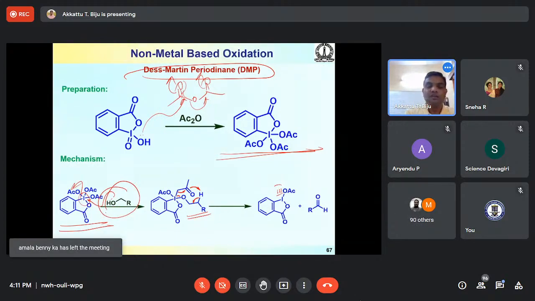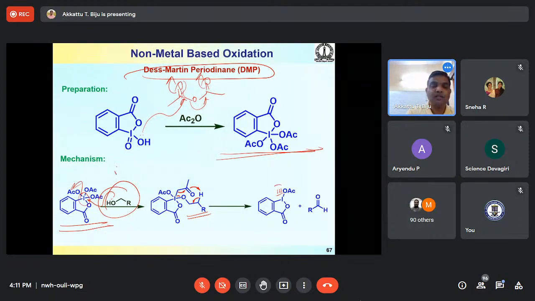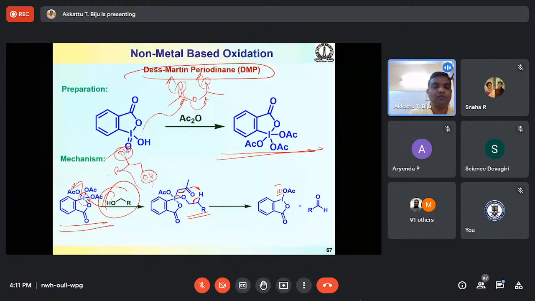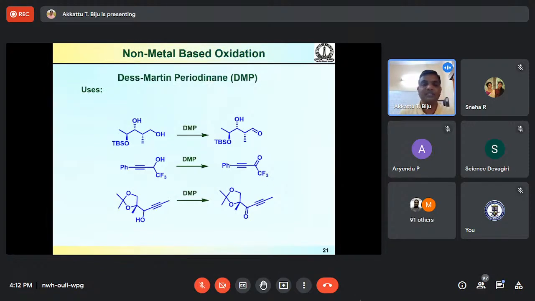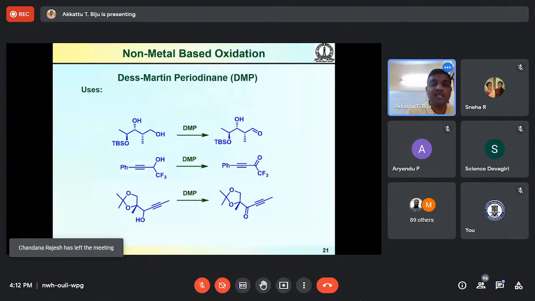So if we have a molecule with a secondary alcohol moiety and a primary alcohol moiety, we can have some sort of selectivity, with the primary alcohol adding to this iodonium species more readily than the secondary alcohol, because the primary alcohol is more exposed than a secondary alcohol. So one advantage of using the Dess-Martin periodinane oxidant is selectivity for the primary alcohol over the secondary alcohol.